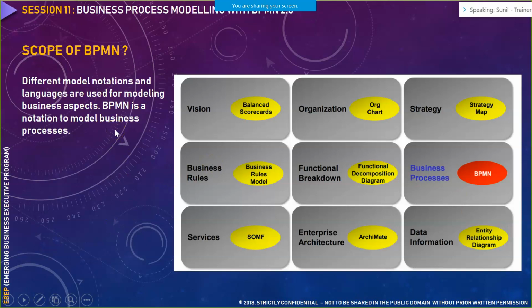Now, what is the scope under business process modeling notation? These are essentially our scope when we design business process modeling diagrams. The first thing is we need to have a well-defined vision, wherein we understand the vision behind this particular project. Second, how the organization structure is organized.